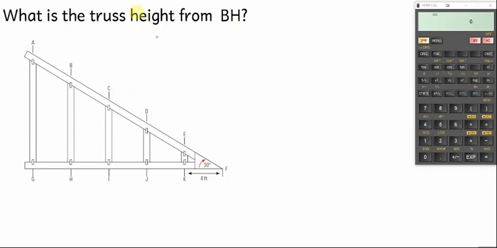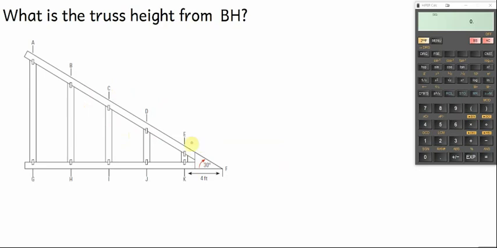Now, when building trusses, as long as you establish the pitch, which is basically telling you bits and pieces about the angle, you can piece out, or the person who manufactures this can figure out the template of the heights per trusses as they're built.